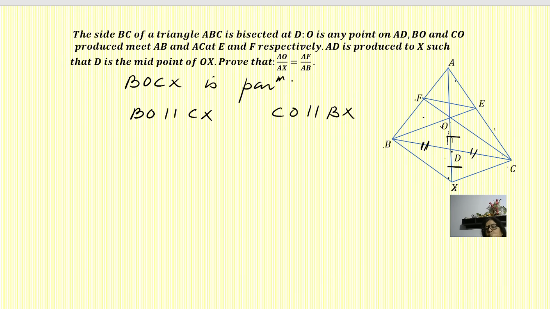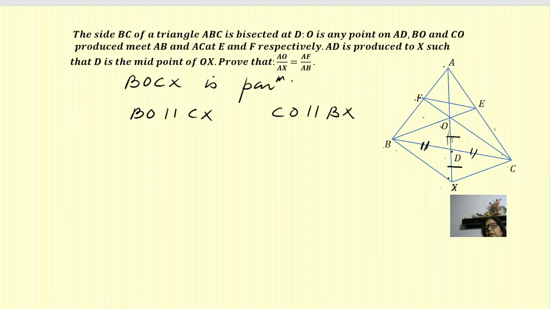So let us focus on the triangle ABX and the triangle AFO. Now we are getting here OF is parallel to BX. How do we get that? CO has been produced to the point F. It is the same straight line. So if CO is parallel to BX, I can also say that OF is parallel to BX.